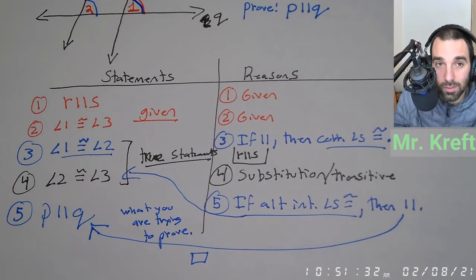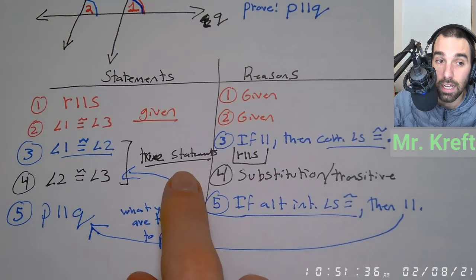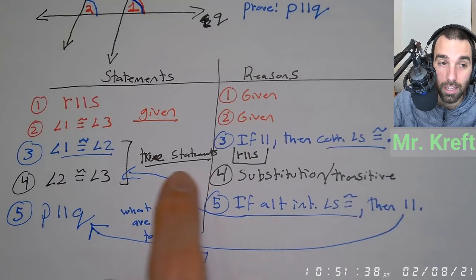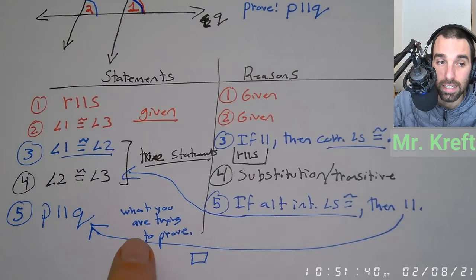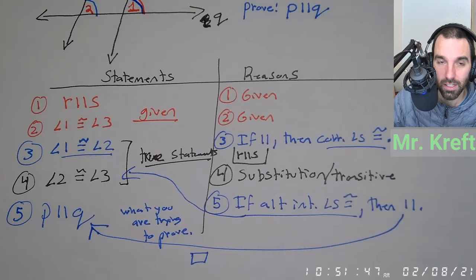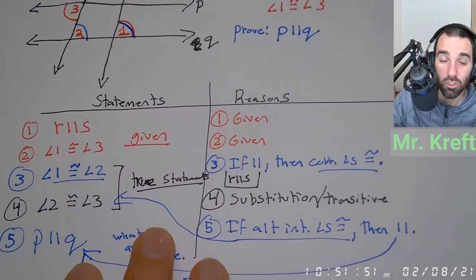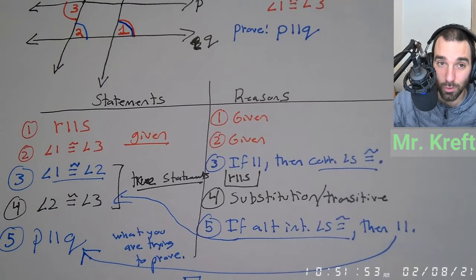Okay, so proofs will always come in these three sections. You write down your given, then you write down some true statements, and from those true statements, you get what you're trying to prove. Okay, and that's kind of the flow of proofs. There is no formula for proofs. Because now that we've proven this, we should never have to prove this again because it's proven.